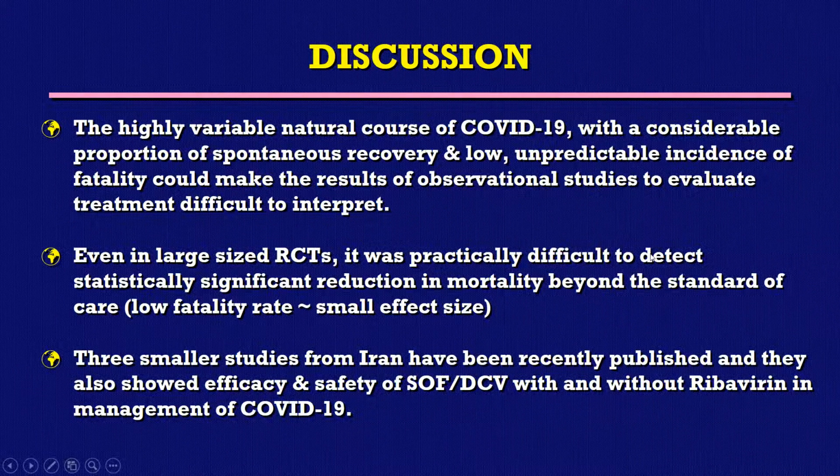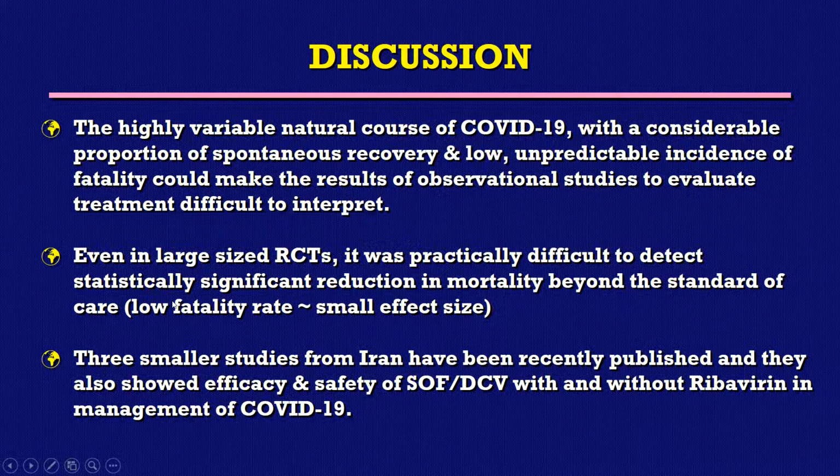Discussion. The highly variable natural course of COVID-19 with a considerable proportion of spontaneous recovery and low unpredictable incidence of fatality could make the results of observational studies to evaluate treatment difficult to interpret. Even in large-sized randomized controlled studies, it was practically difficult to detect a statistically significant reduction in mortality beyond the standard of care.